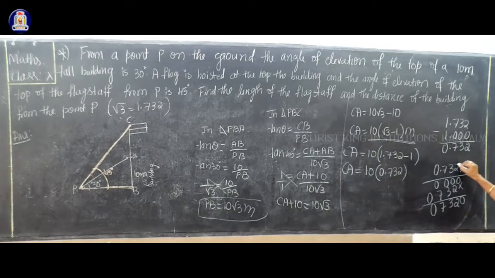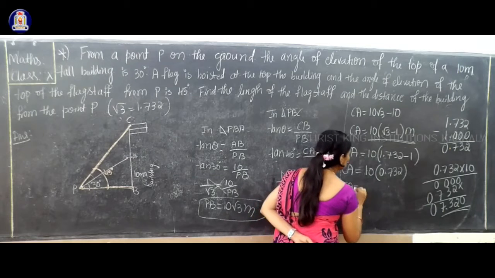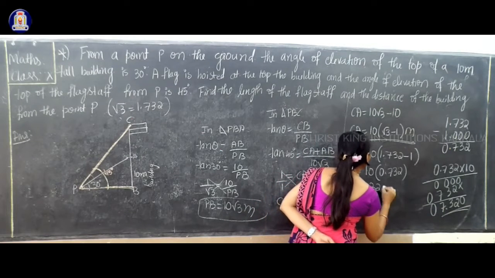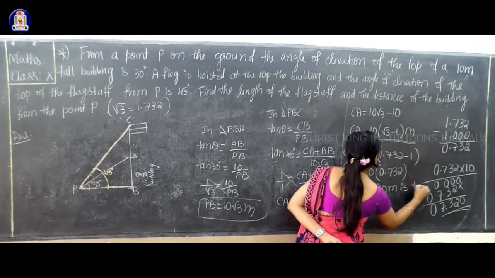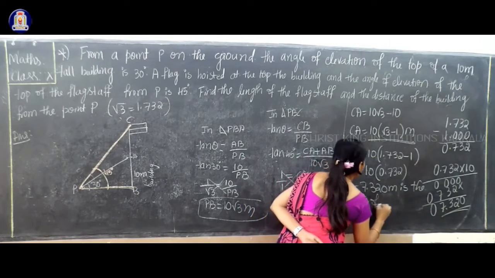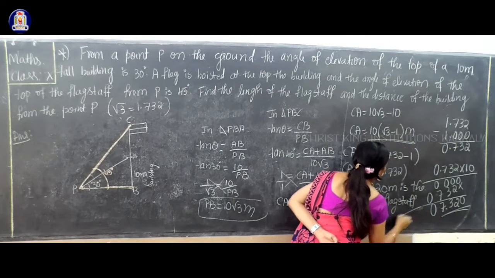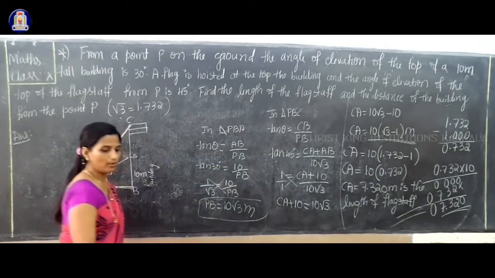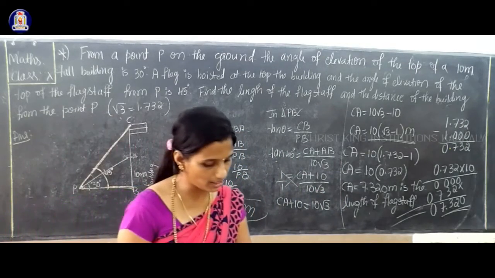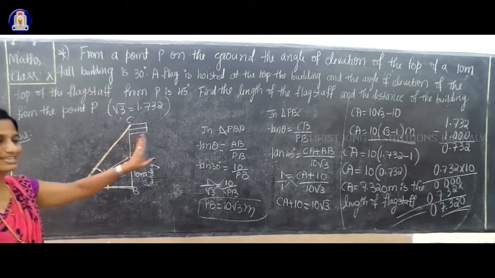How many decimal places? 1, 2, 3. So 1, 2, 3 means the answer is 7.320. So CA is equal to 7.320 meter, which is the length of the flag staff. That is the answer. So take this as homework.